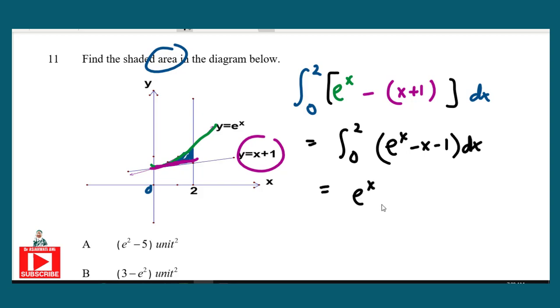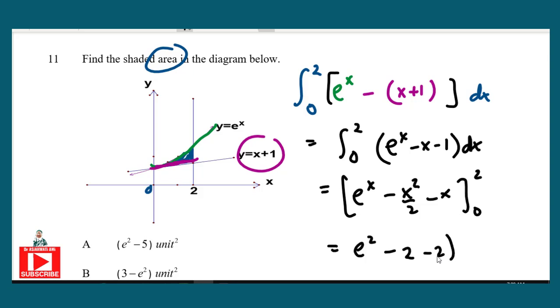Integrate. Okay, that will be e^x minus x squared over 2 minus x, from 0 to 2. Substitute value. e squared, okay, 2. 4 over 2 is 2, minus 2. And make sure this one is substituted, don't assume this is 0.